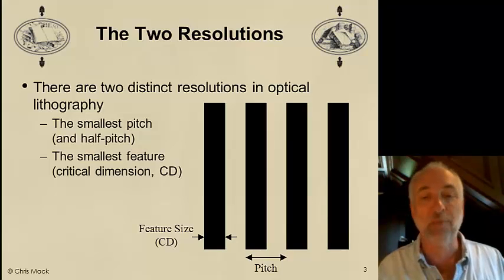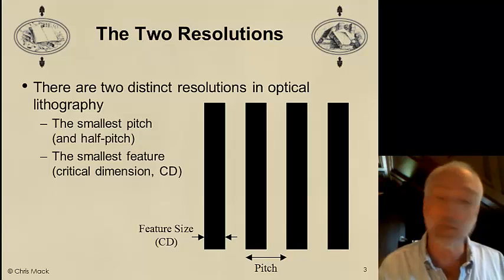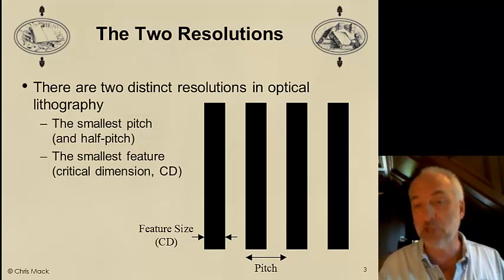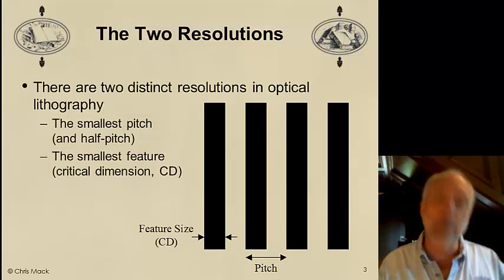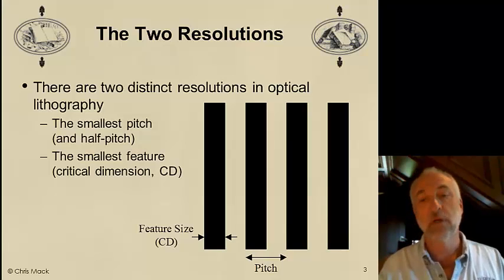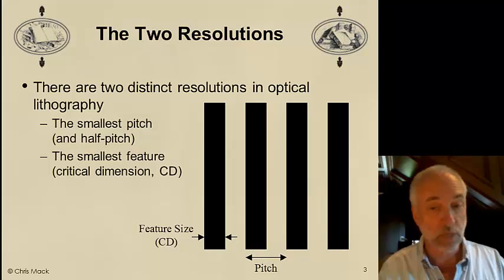We could have more complex shapes than just lines and spaces. We could have an array of contact holes, for example. We could have more complicated shapes, but in any case we have dimensions of individual features, and we have the pitch, or the repeating distance for these features.